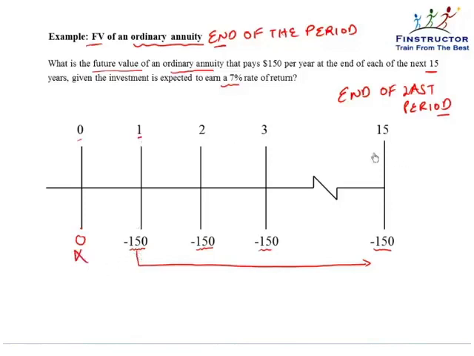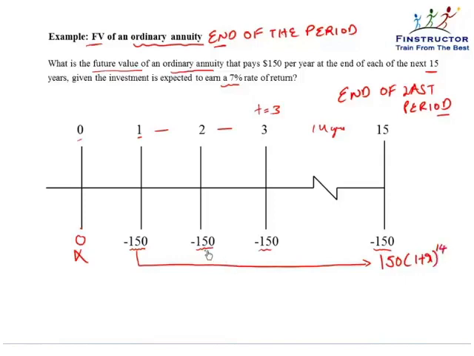So how many years does it have to be invested, or does it have to earn interest? 1, 2. So till t equal to 3, we have just 2 periods. Till t equal to 15, we will have just 14 years over which these cash flows are actually invested. So the future value will be the present value into 1 plus r raised to the power n. N in this case is 14.